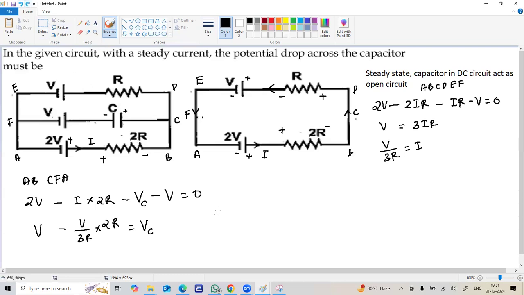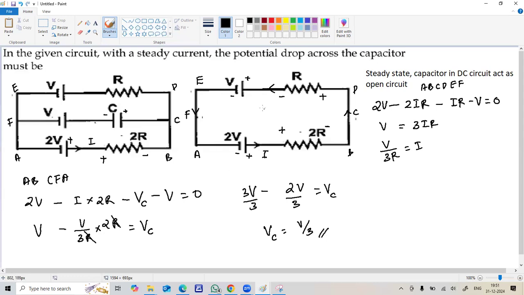Now you simplify this. The R's get cancelled. V minus 2V by 3. Taking the LCM, 3 minus 2, just V by 3. So the voltage of the capacitor is V by 3.